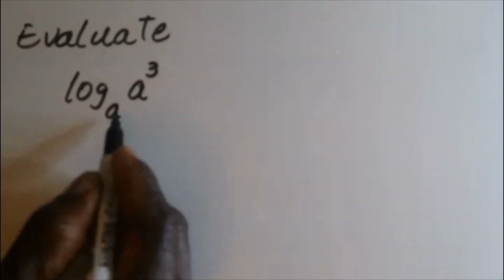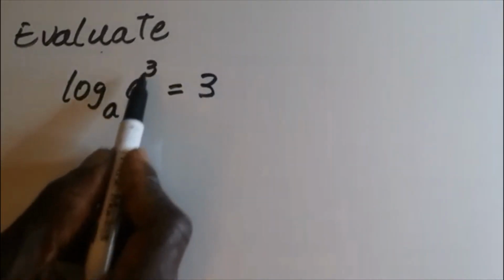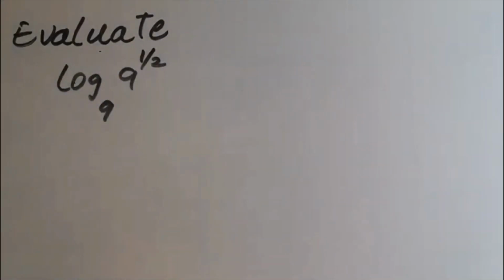What should we raise the base a to? What power should we raise it to get a cubed? Well, the base a is raised to the third power, so we must raise this base to 3 in order to get a cubed. With a base of 9, what power or index should we raise it to get the square root of 9, or 9 to the half power?